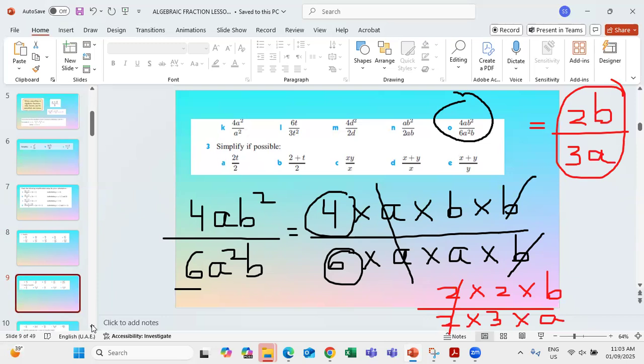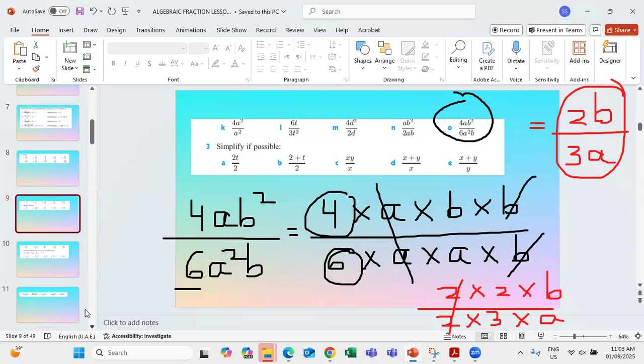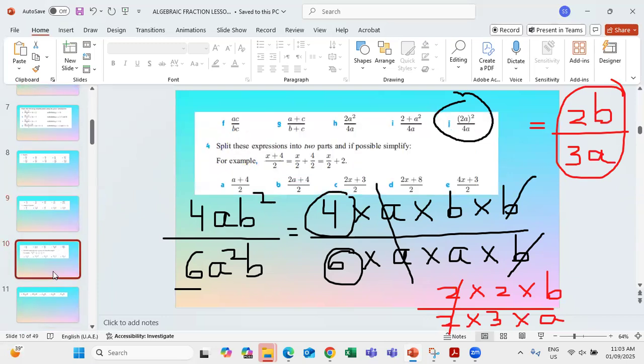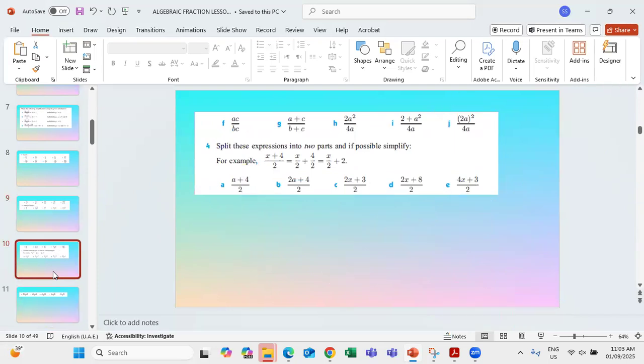Okay. Then we have the next set of questions here. And those questions are where the factors in the numerator have more than one term. So for example, we have a question 2 plus a squared over 4a. This question, either you can leave it like this, or if you want to simplify it, you can do it this way.